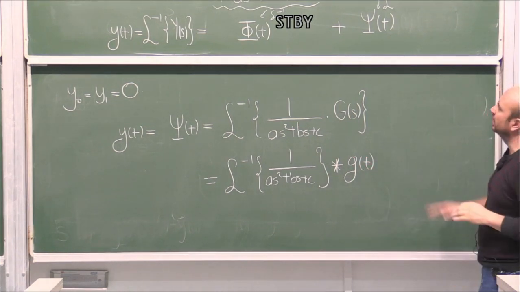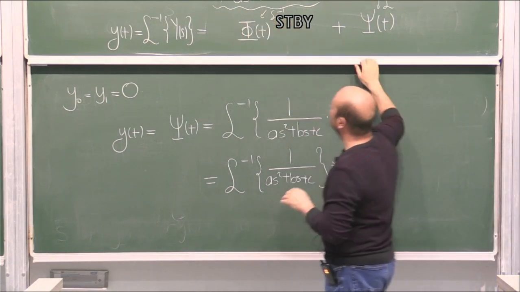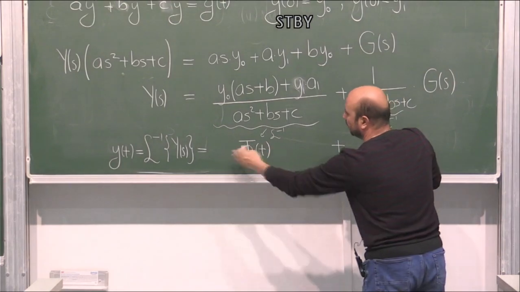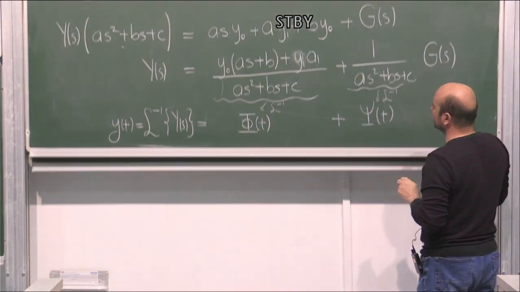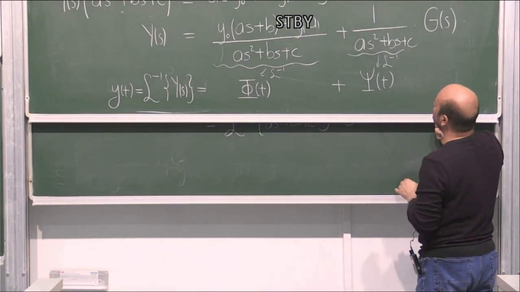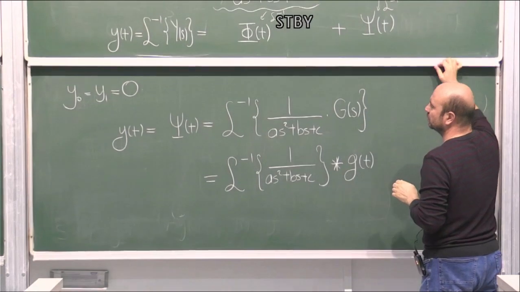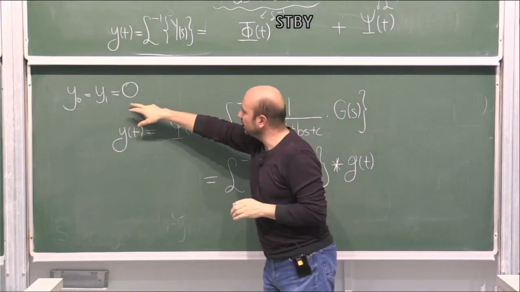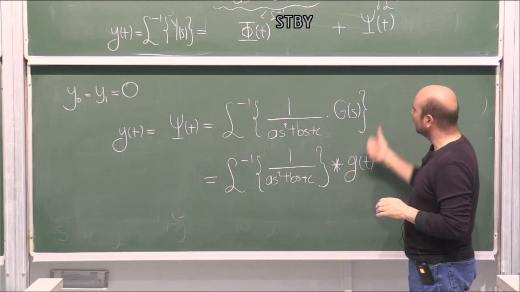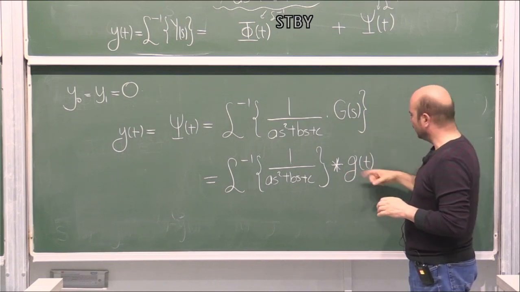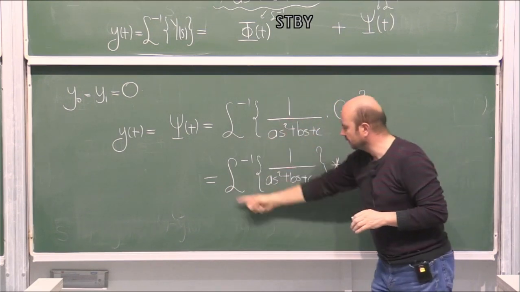If you forget about the rest of the problem, and you just think about this portion, what this says is that if you want to find the solution under these conditions, where the initial conditions are 0, it's all about convolving your forcing function g with this thing. Okay?